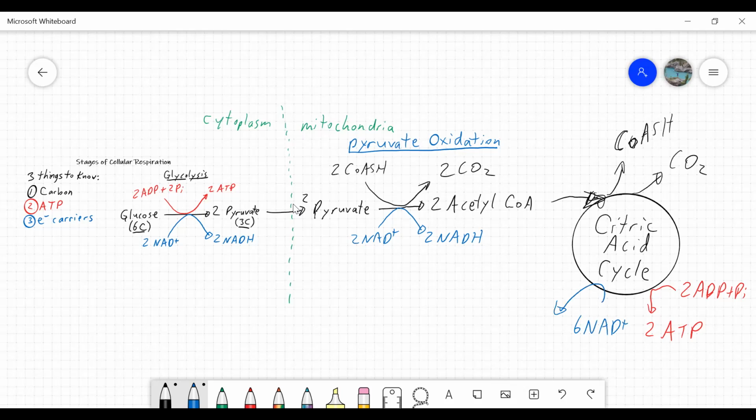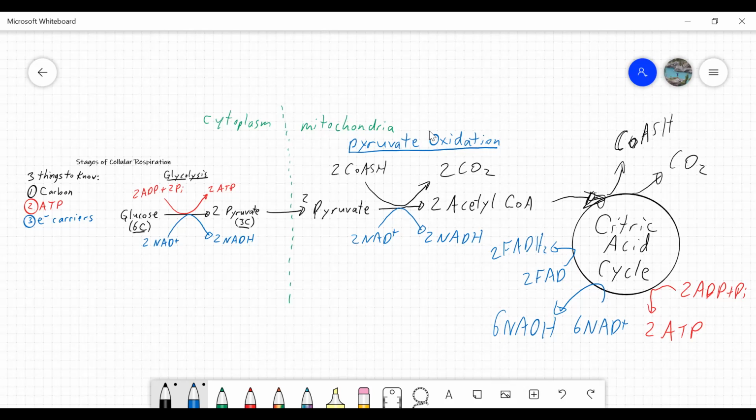That makes 6 NADHs. And lastly, we've got that FAD thing. So it's an electron carrier, remember. So we're making 2 FAD, and we're making them into 2 FADH2s. Okay, so I'll come back to this in a second, in case you miss anything.